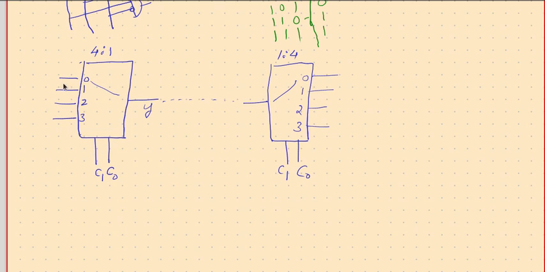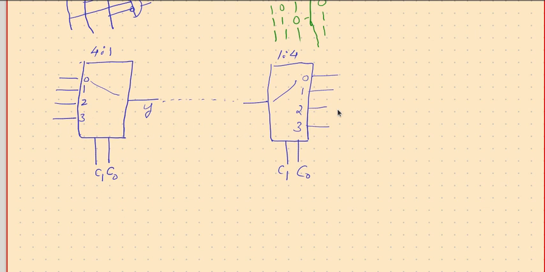So use 0 0 here, 0 0 here, and whatever is at this point comes out here. 0 1 here, 0 1 here, then whatever is here goes through the line and comes out here. 1 0 here, 1 0 here, then 2 comes out, goes to 2. 1 1 here, 1 1 here, 3 goes out, comes out to 3, and so on. Done.